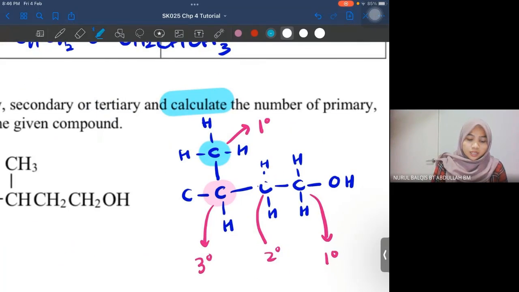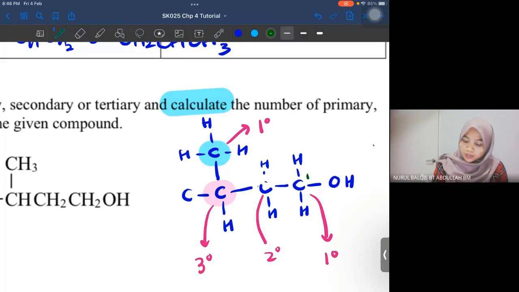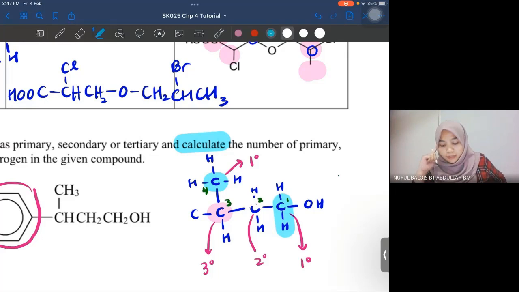Okay, now look at the carbon. So carbon nombor, sekejap saya tukar colour dia. Katalah ni number 1, 2, 3 and 4. Look at the first carbon. So you have how many hydrogen attached to it? 1. Okay. Sekejap. Okay, cara kita nak tengok class of hydrogen, kita kena emphasize the carbon bearing the hydrogen.